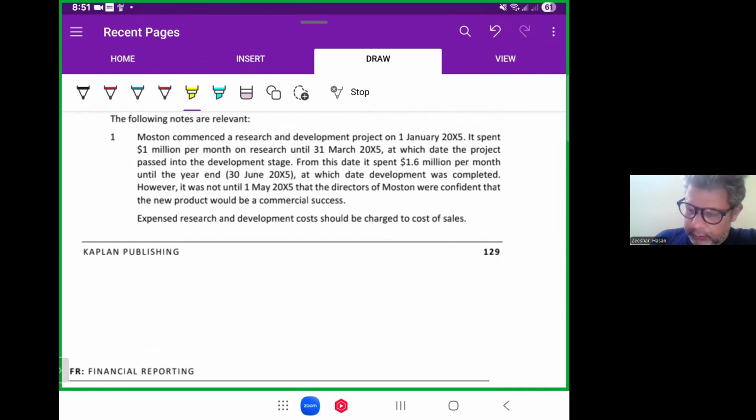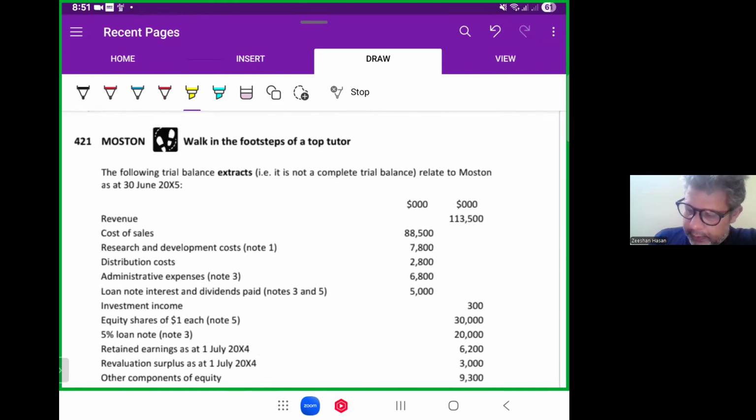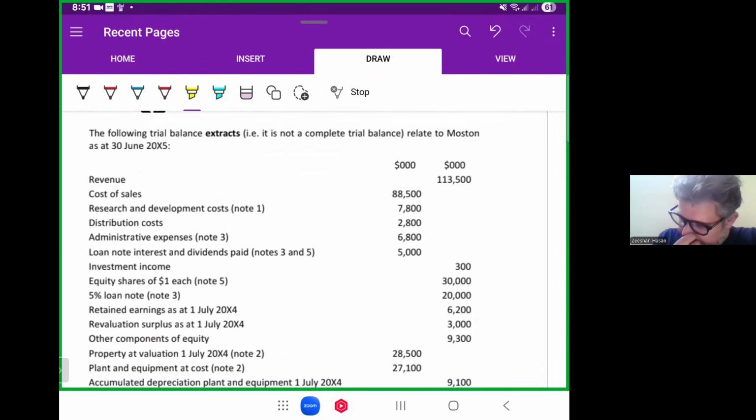So here we have the trial balance extracts, that is not a complete trial balance, related to Moston as at 30th June 2005. We have revenue, cost of sales, research and development, distribution costs, admin expenses, note 3, loan note interest and dividends paid, note 3 and 5.